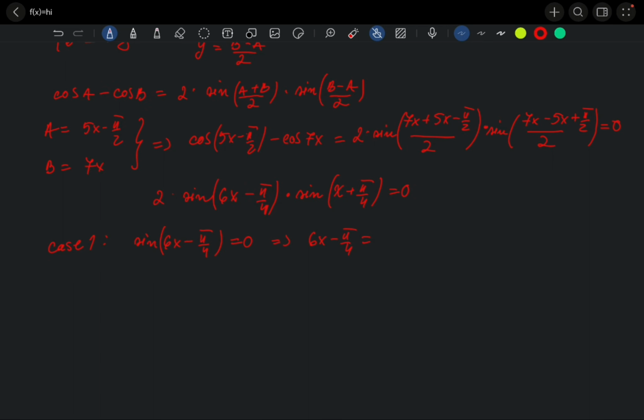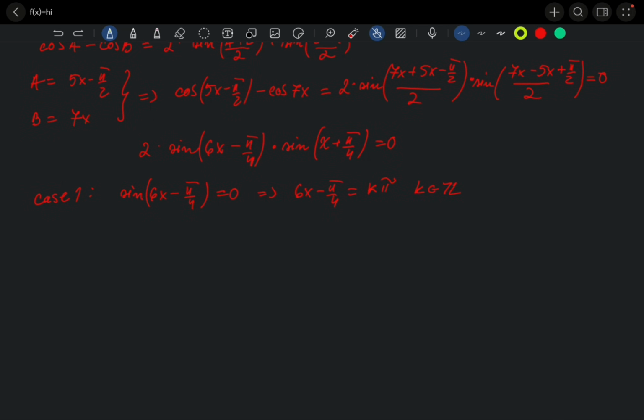We know that sine of x is equal to 0 when x is an integer multiple of pi, so we say that 6x minus pi by 4 is going to be equal to some k times pi, where k is an integer, and from here we are going to solve for x. So 6x is going to be equal to k pi minus pi by 4. Get a common denominator, and we get pi times (4k minus 1) divided by 4.